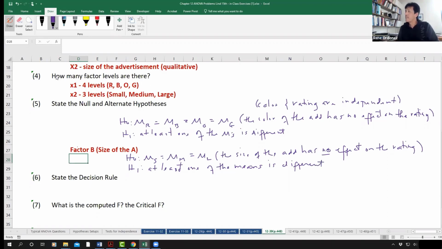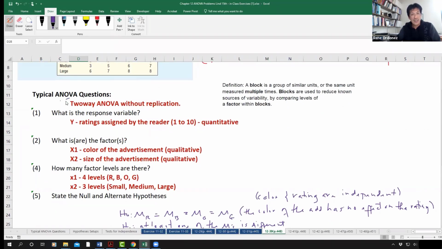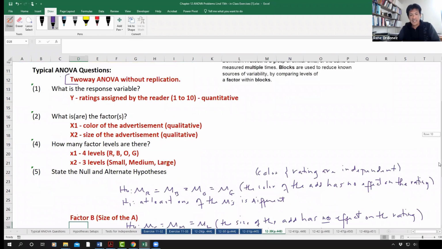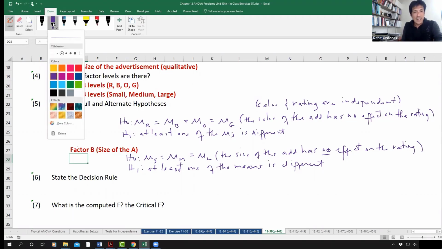Okay? So once again, a two-way ANOVA without replication reverts back to two tests of one-way ANOVAs. That's what we see down here. So this is a one-way ANOVA, and this is a one-way ANOVA. So the decision rule will be the same as before.